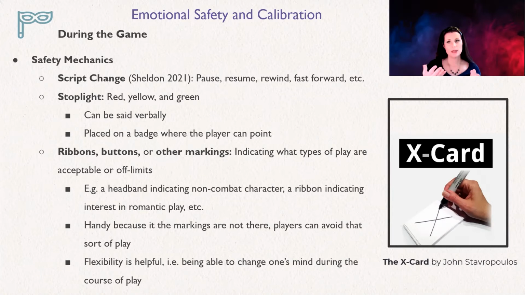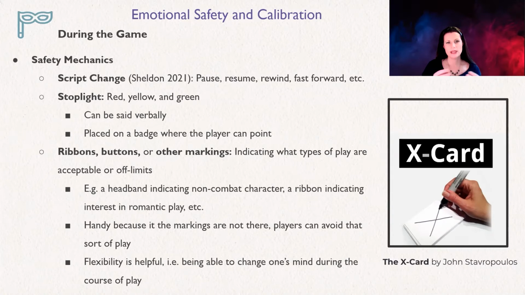This can be said verbally. It's like red, like this is not okay. Or green, and that's similar to this enthusiastic consent with the thumbs up. Or it could be placed on somebody's badge. So there, maybe you have red, yellow, and green on your name badge, and then you can point at where you're at. Maybe you're at a red, and so you're pointing at that.